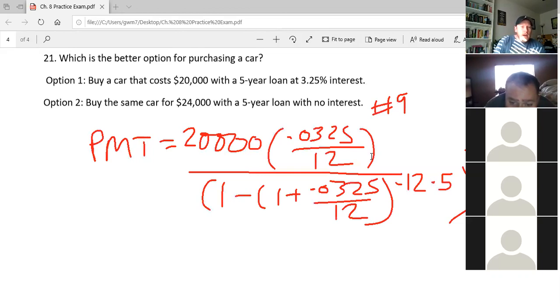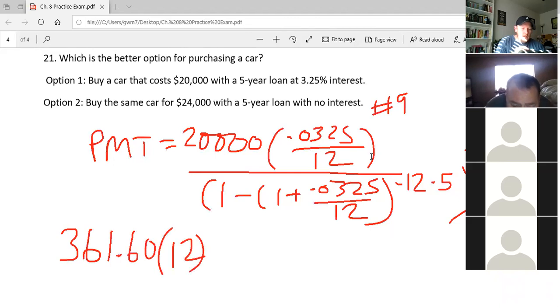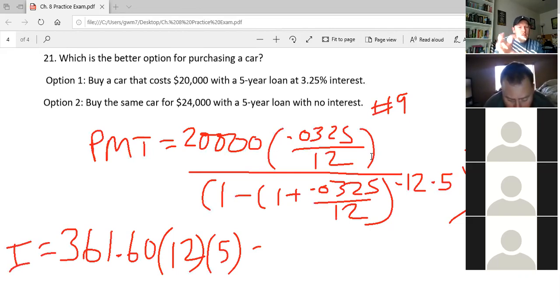So if I do that every month for 5 years, so times 12 months times 5 years, how much interest am I going to have? Well, that's the total amount that I'm going to pay on this car.